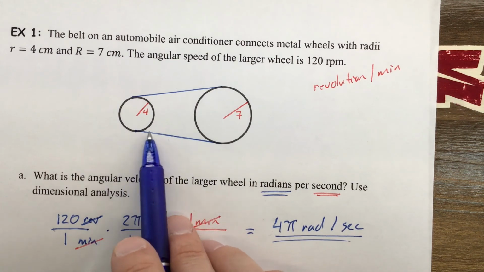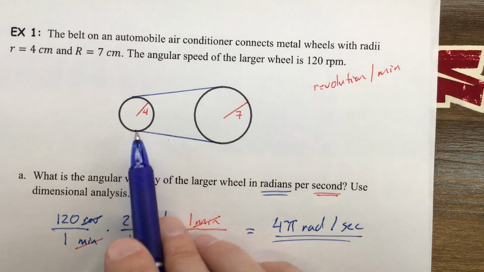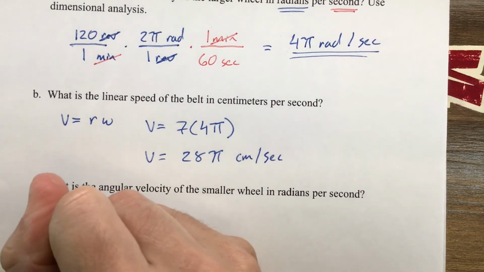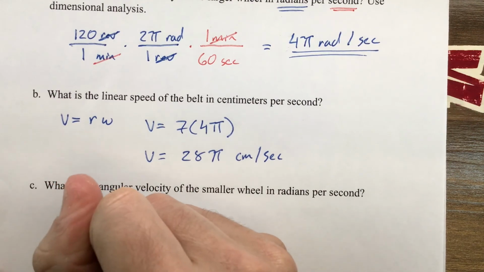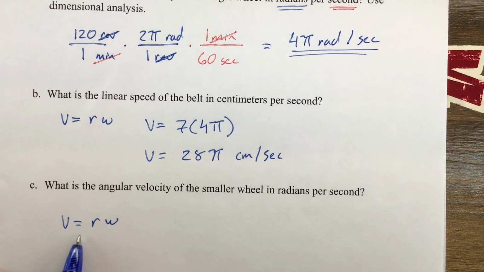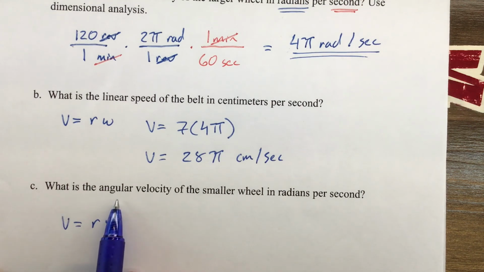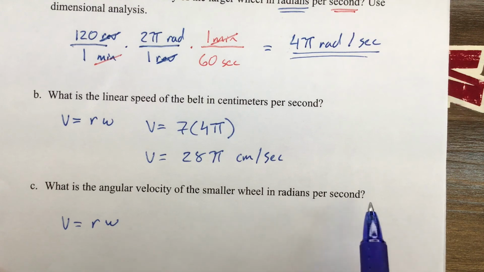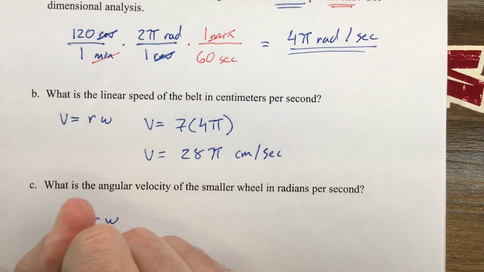All right, so we're gonna move that over into the other wheel and go back to using the same conversion now. Okay, linear velocity is going to be equal to the radius multiplied by the angular velocity. For this question, we are trying to figure out the angular velocity of the smaller wheel in radians per second. Okay, and what we know is that the linear velocity around the edge of that circle is 28 pi.